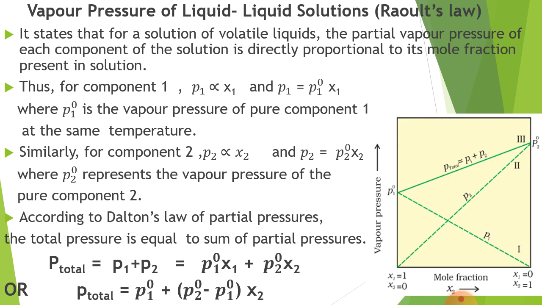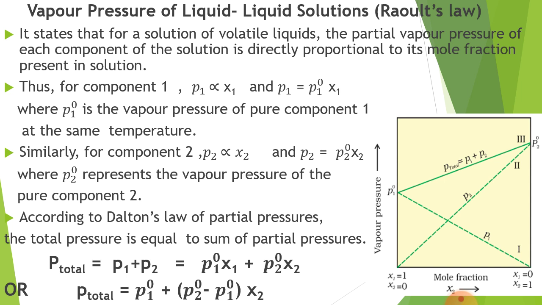Now we have to focus on Raoult's law. In Raoult's law, one liquid is the solute and one liquid is the solvent. Solute may be volatile or non-volatile.